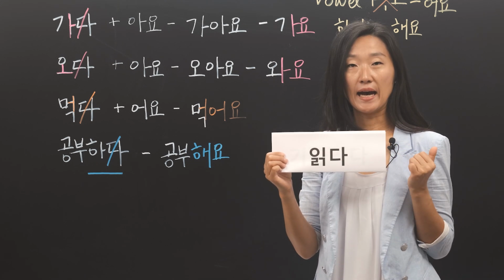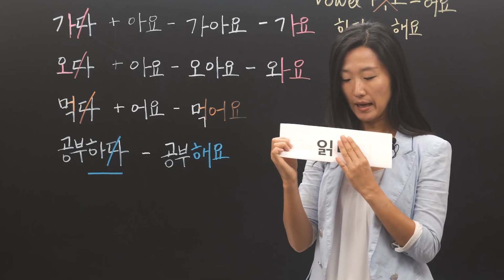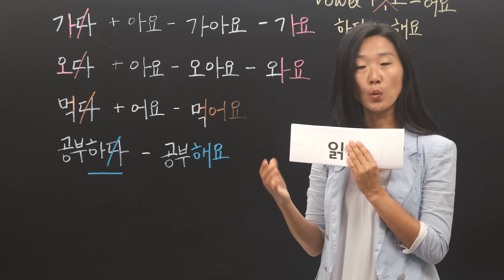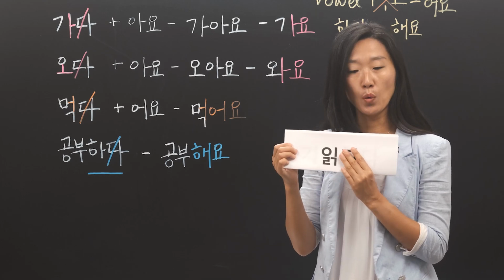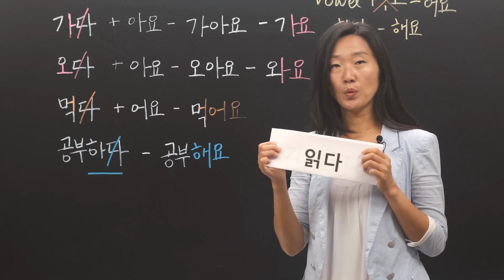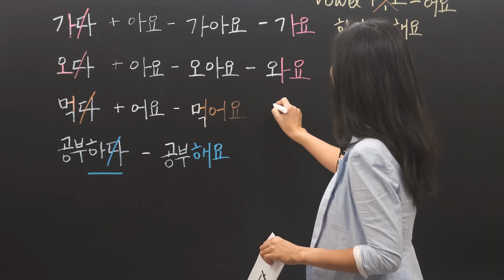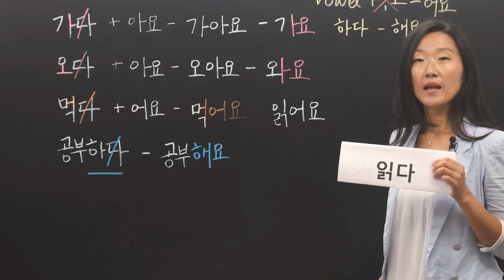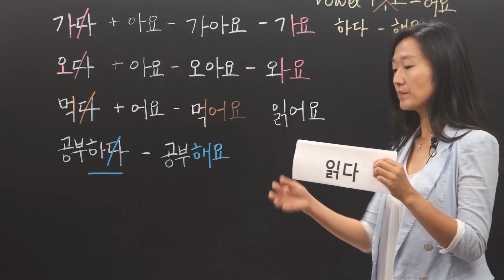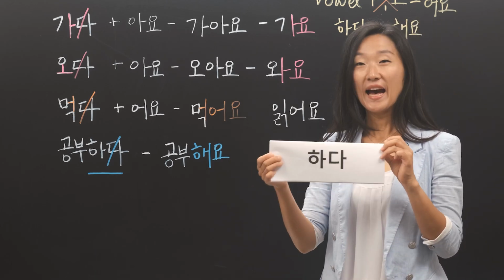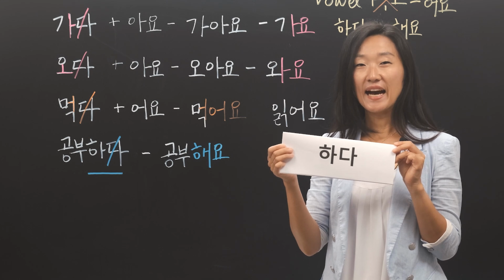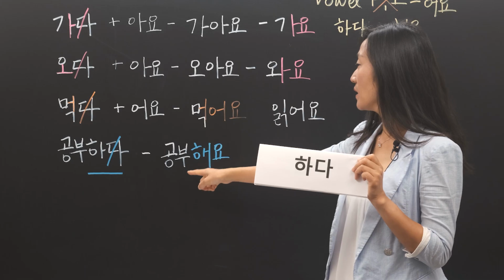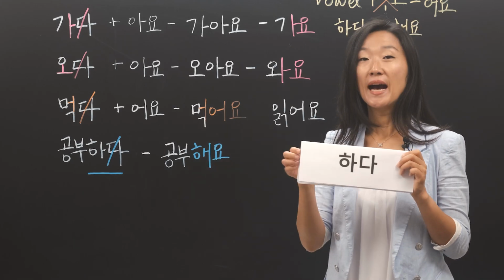So 읽다. The last vowel is 이. So we add 어요. 읽어요. 읽다, 읽어요. 하다. To do. 하다 is an exception. 해요. 하다, 해요.